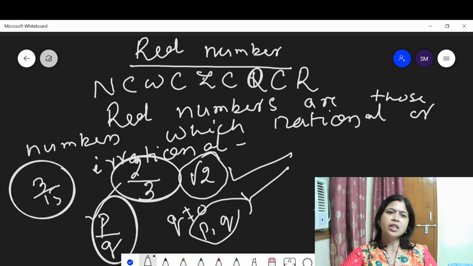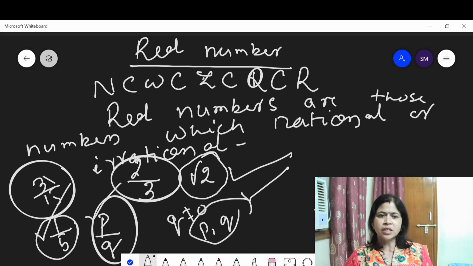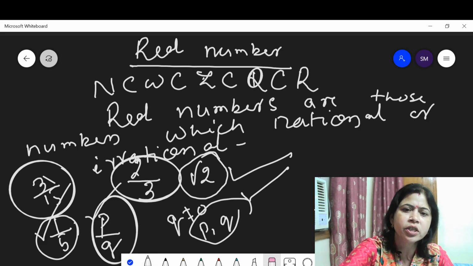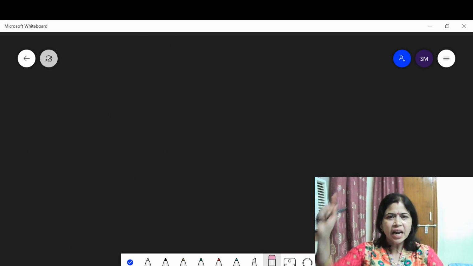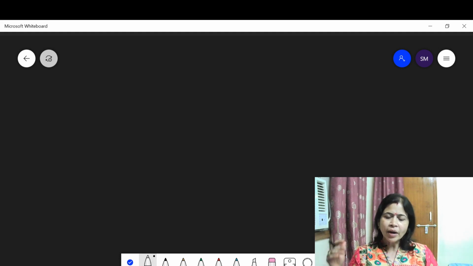No, because 3 and 15 have a common factor 3. The simplest form of 3 by 15 is 1 by 5. Then the real numbers are those numbers which are rational or irrational. Now let us discuss this in detail.